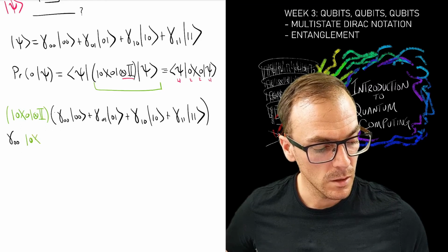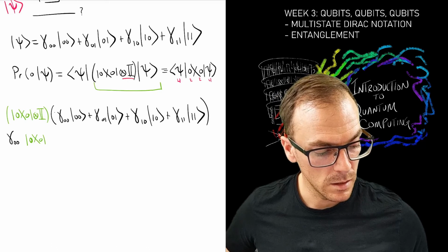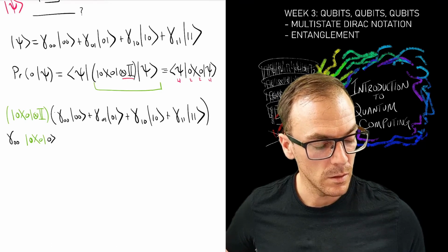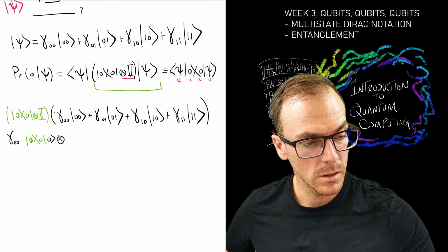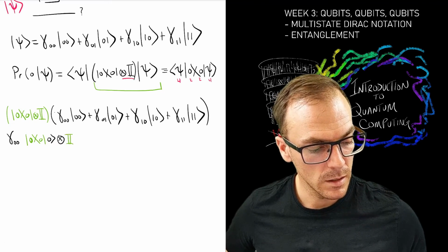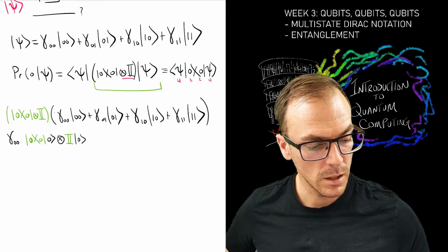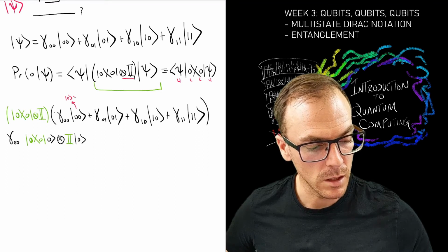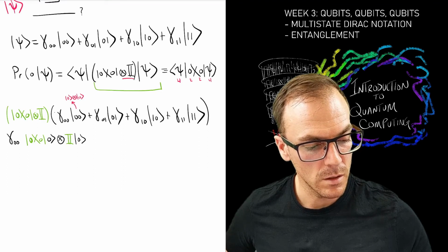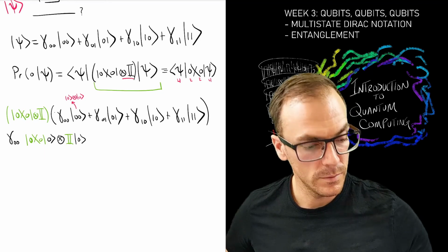And we have |0⟩⟨0|, and it acts on |0⟩. Then we have this tensor identity, which acts on the other half. Remember that shorthand notation for |0⟩ tensor |0⟩. So this is the first term.